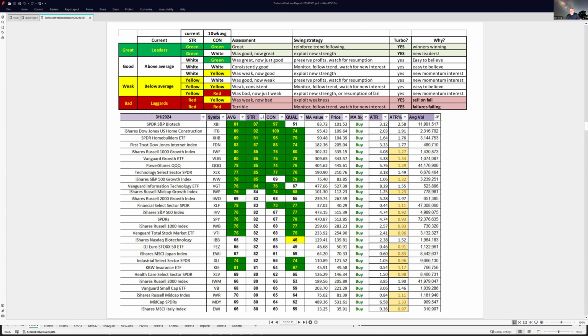What's losing steam? Things that are white and green, like mid-cap growth. And finance is losing some steam. Was great, now it's just good. So you should be preserving profits, watching for a resumption. You can turbo it.